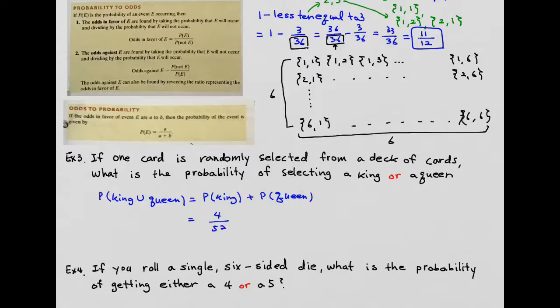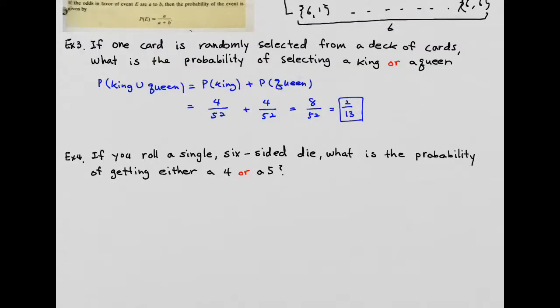That will be 4 over 52. Plus, same thing with the probability of getting a queen: there are 4 queens in 52. When you add it, it gives you 8 over 52. And make sure you reduce your fractions, so you get 2 over 13 there.